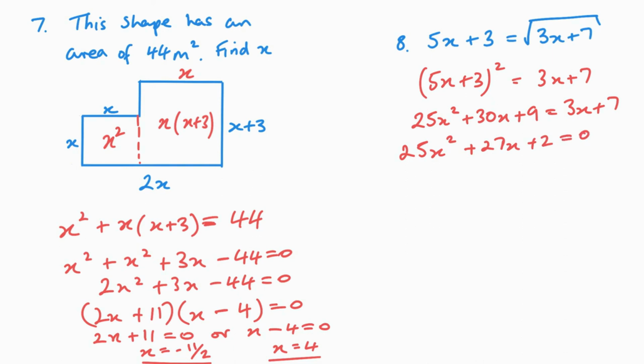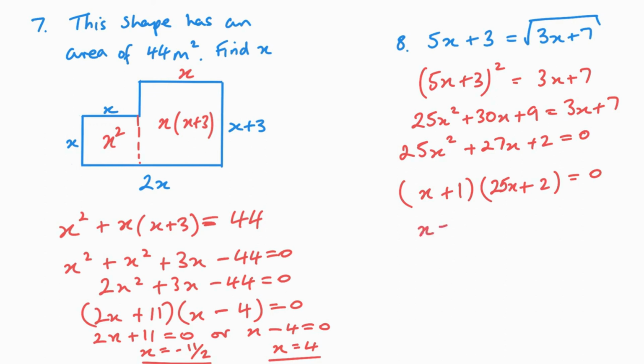Okay, should be quite easy, this one really. The last numbers can only be a 1 and a 2. Everything has to be positive. So you want it like that, because you want 25x plus 2x to get the 27x.